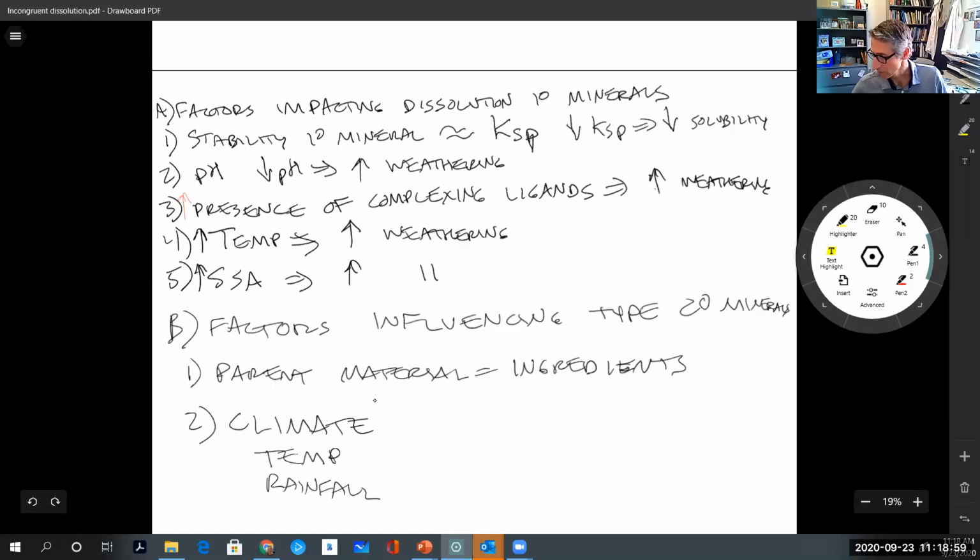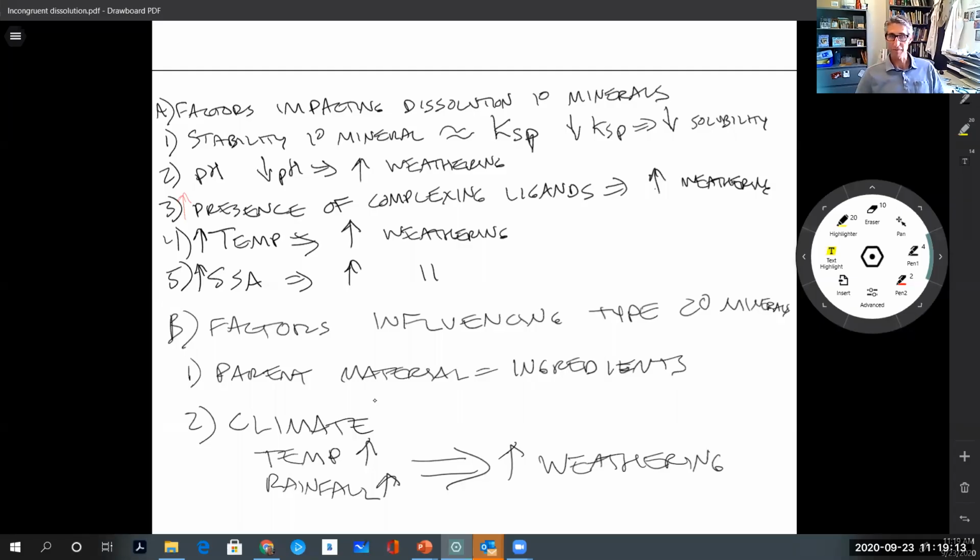But we know, right, as we increase temperature and we increase rainfall, that leads to hastened weathering. Right, so of the soil forming factors, climate is probably the most important one, in my opinion.